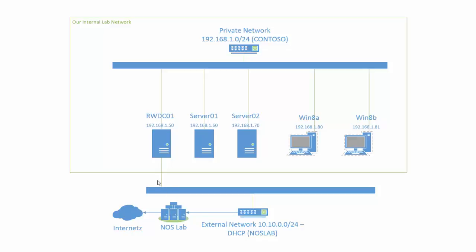If you go in //RWDC01 and hit enter, what system you wind up getting to and whose system you wind up getting to is going to be completely random, based on the fact that it's going to be whoever the first person that actually had RWDC01 up and running in the lab. The only way to guarantee getting to your unique system is by using the IP address, which is why we're using the IP address, not the name.